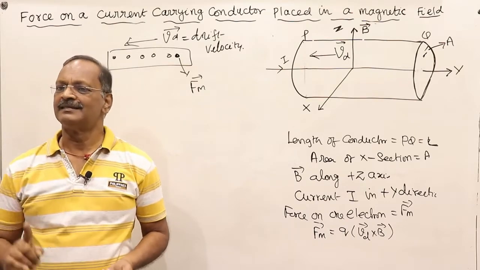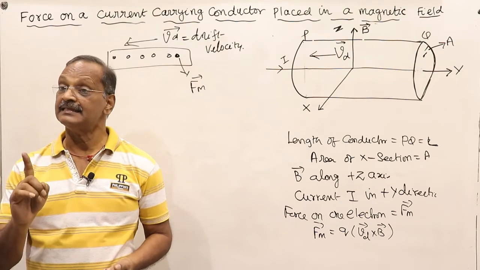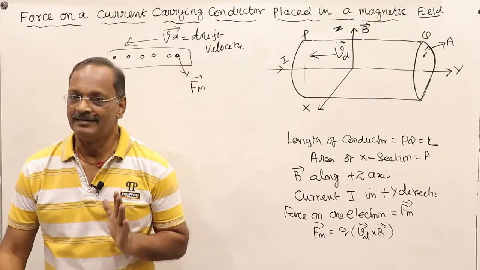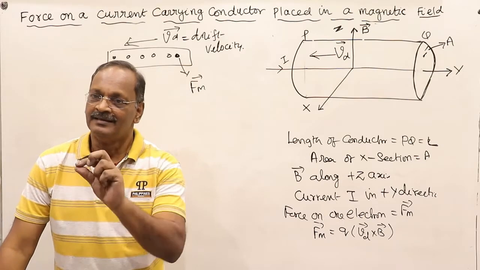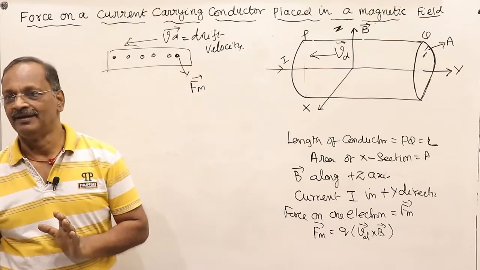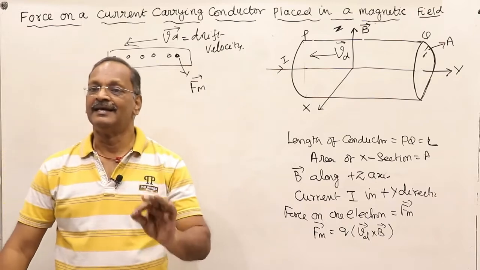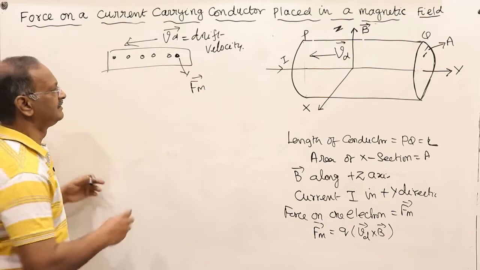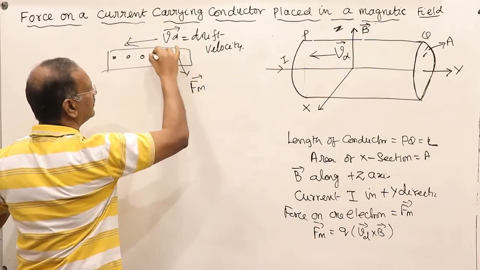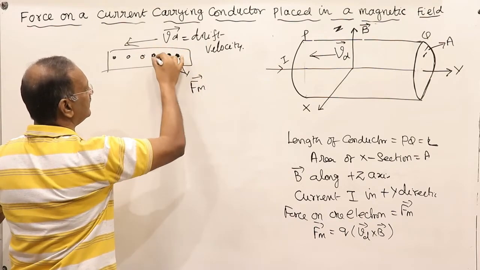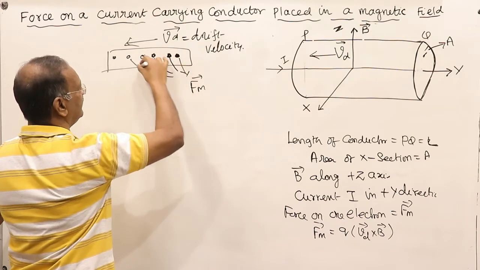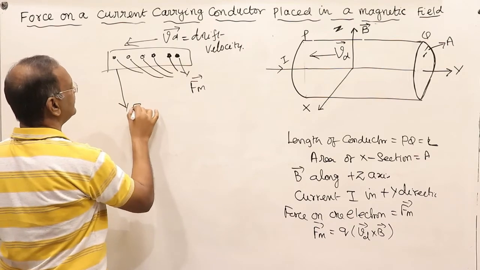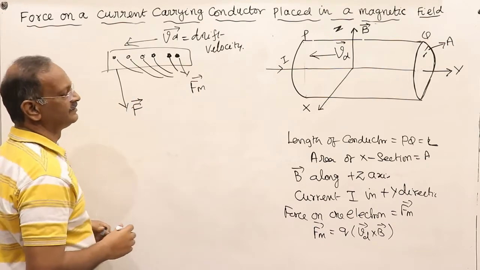As the conductor is placed in the magnetic field, each drifting electron will experience a magnetic Lorentz force because the charge is moving in the magnetic field, and hence the current carrying conductor will also experience a magnetic force, because each electron will experience a magnetic force, and hence the entire conductor will experience a magnetic force.